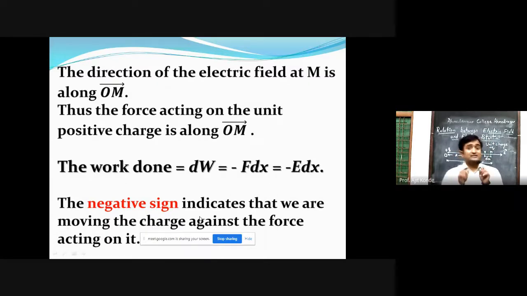But you can see that force is in outward direction, but displacement is in opposite direction to the force. Therefore, there will be a negative sign. Whenever there is opposite direction, that is represented by a negative sign in physics. This will be minus F bar, minus F dx is equal to minus E dx. The negative sign indicates that we are moving the charge against the force acting on it.